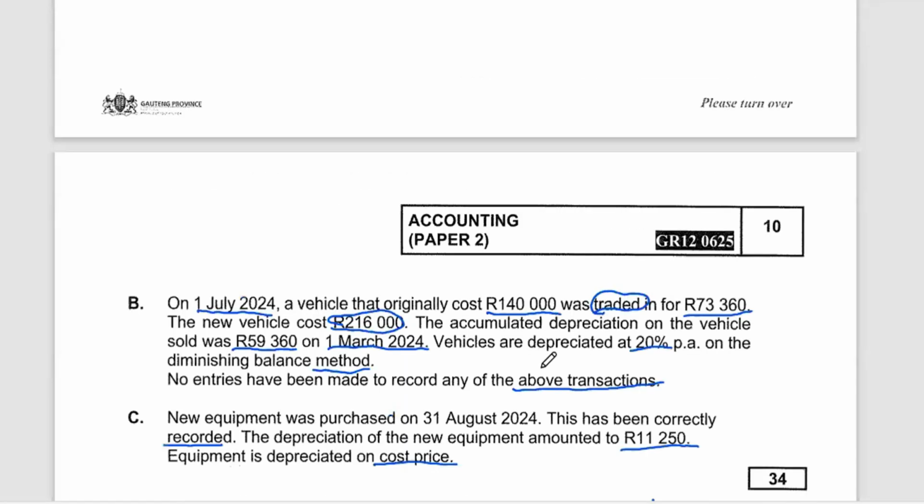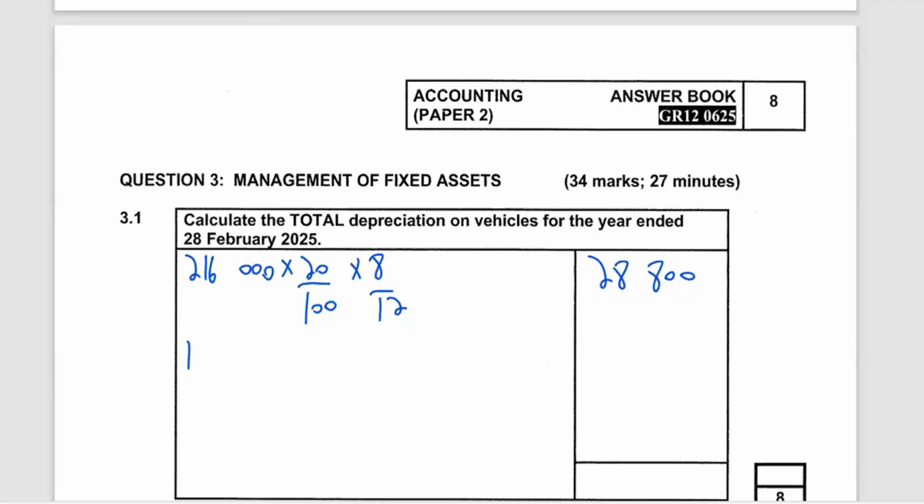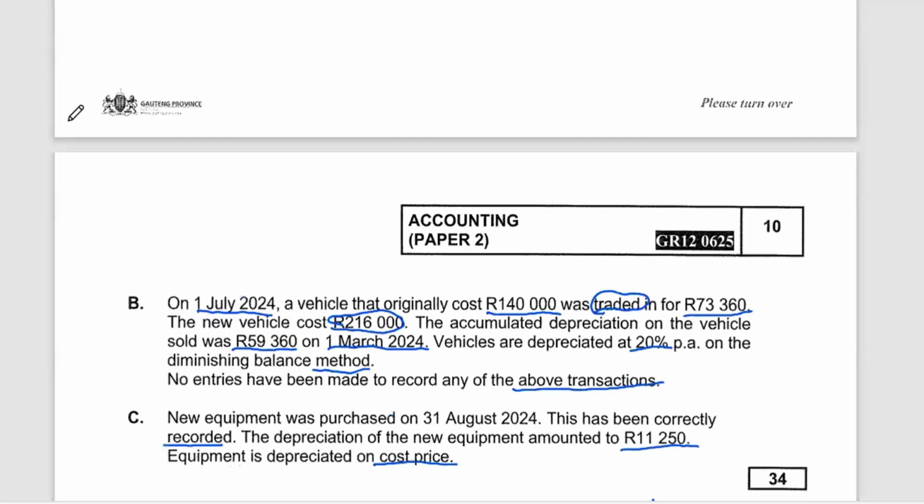So now we're going to say our cost price of the vehicle that was sold, which is 140,000. Since we are using the diminishing balance method, the formula of calculating depreciation using the diminishing balance method is our cost price minus our accumulated depreciation. So let's go check how much is our accumulated depreciation.